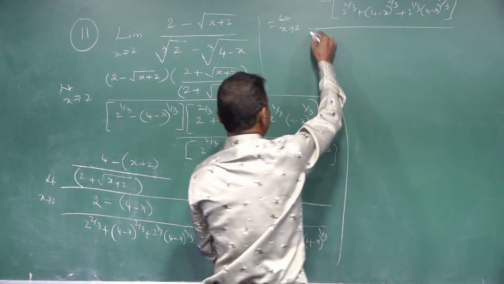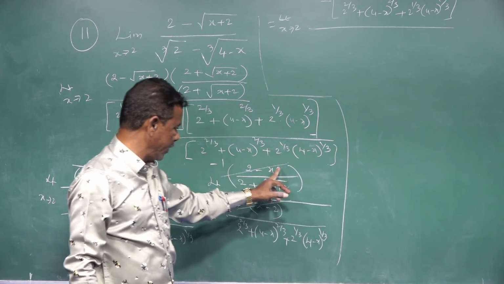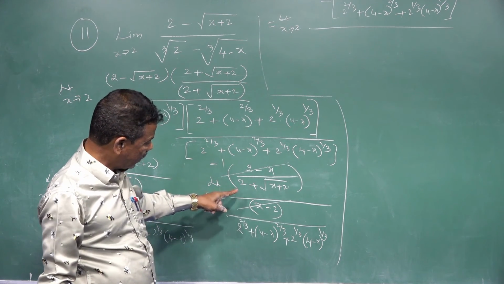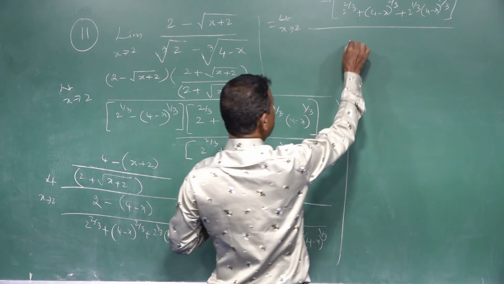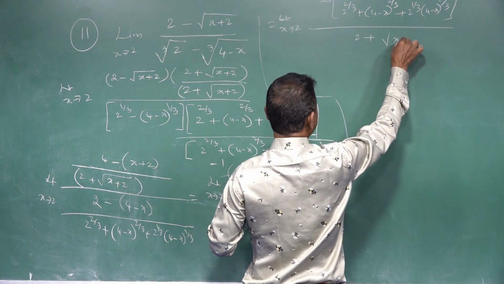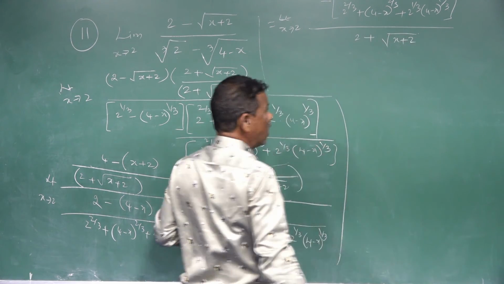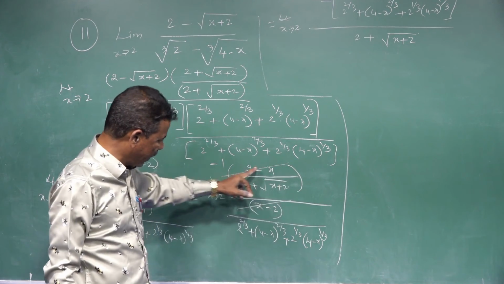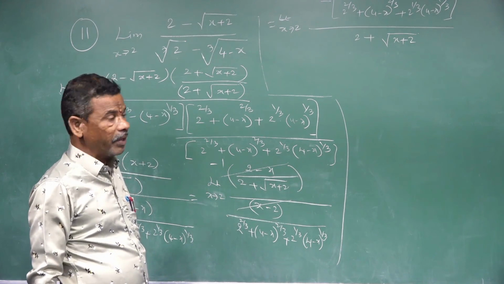This is the numerator, and the denominator is 2 plus root of x plus 2.